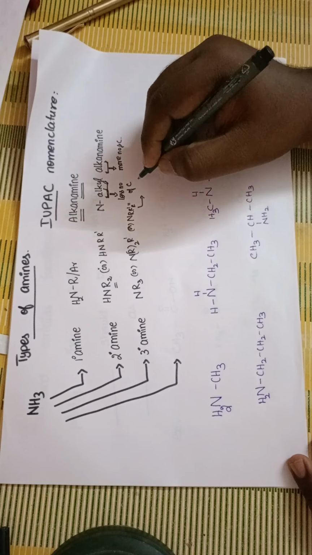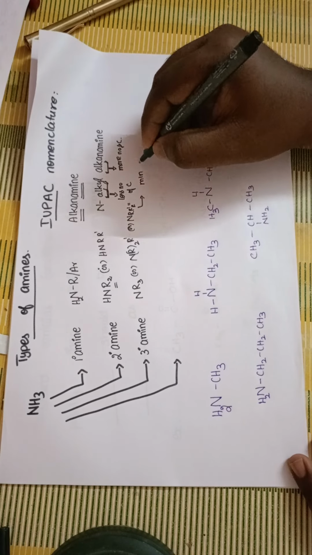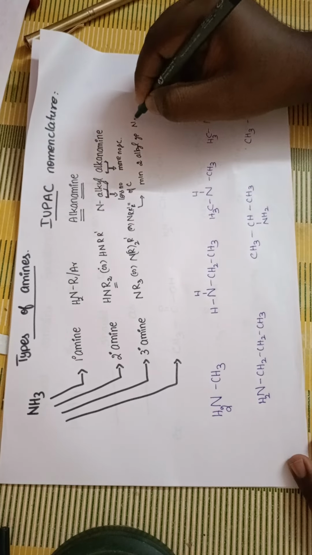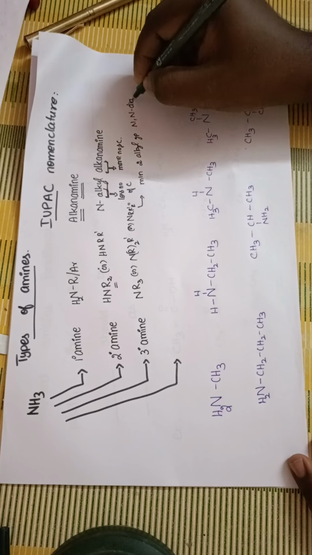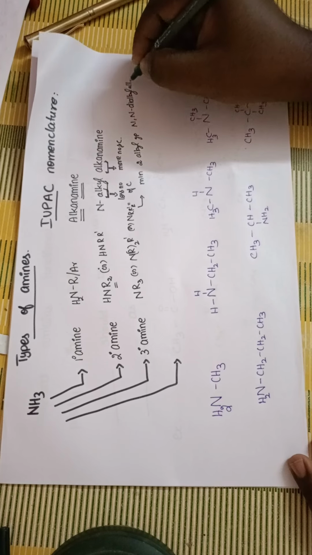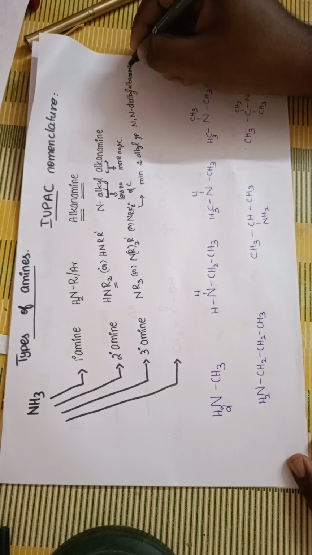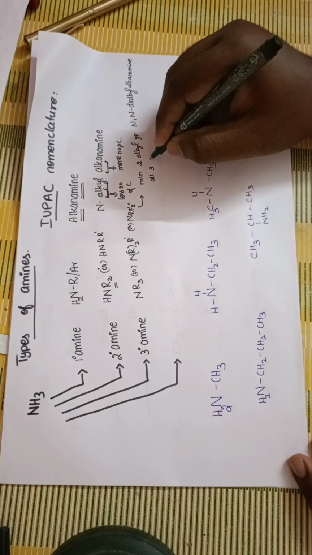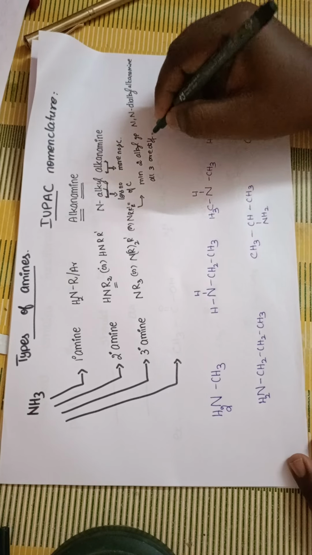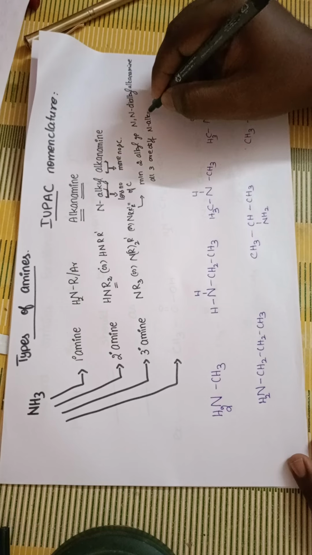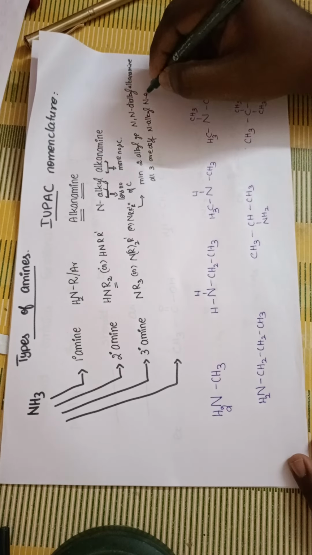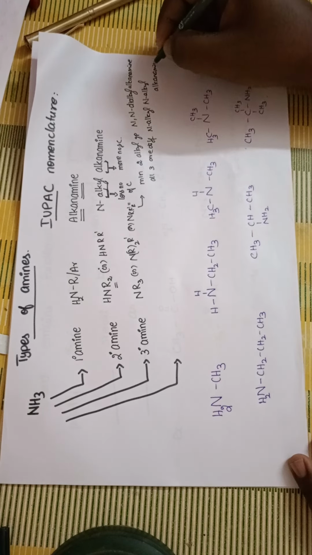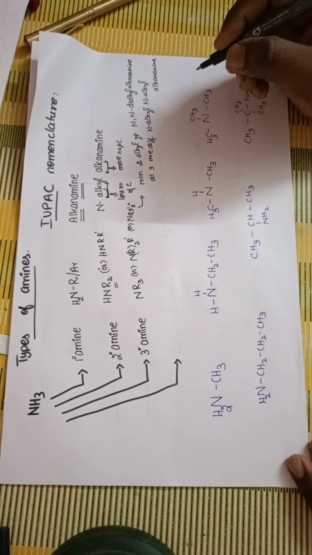If a minimum of 2 alkyl groups are the same, the format is N,N-dialkyl alkylamine. If all 3 alkyl groups are different, the format is N-alkyl N-alkyl alkylamine. You see the example, and with the example you will get a clear idea.